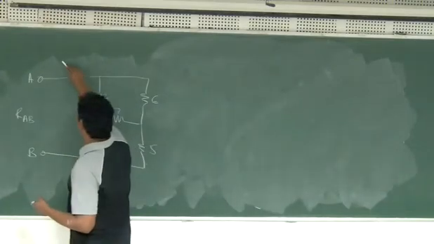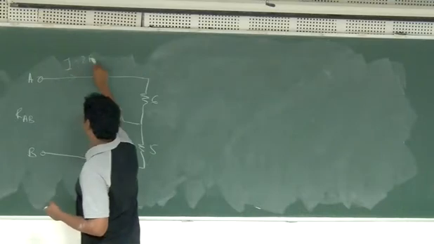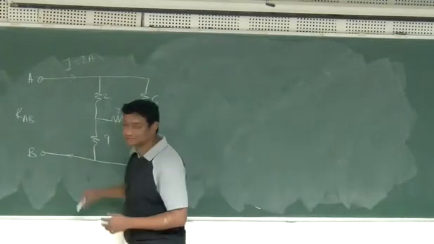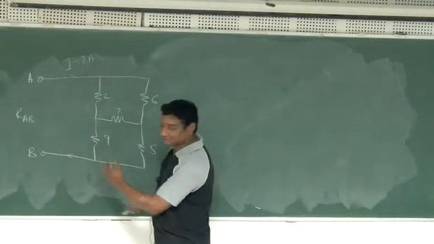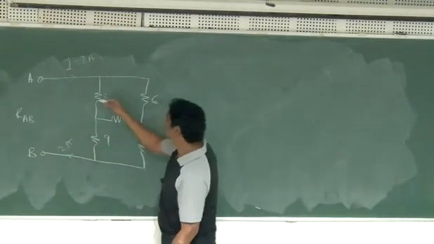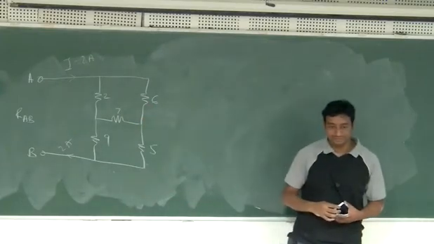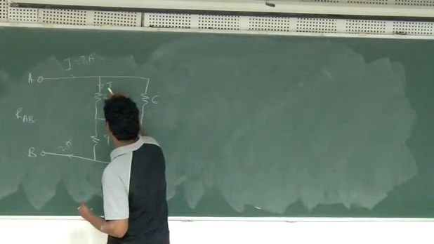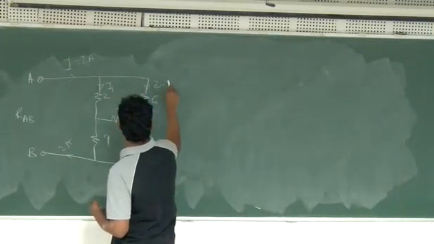Current is I. I will also say I equals 2 amperes. How will you divide it? This I is 2 amperes because of Kirchhoff's current law applied to the entire thing. So how do you divide the current? Very good. This is I1 and this is 2 minus I1.